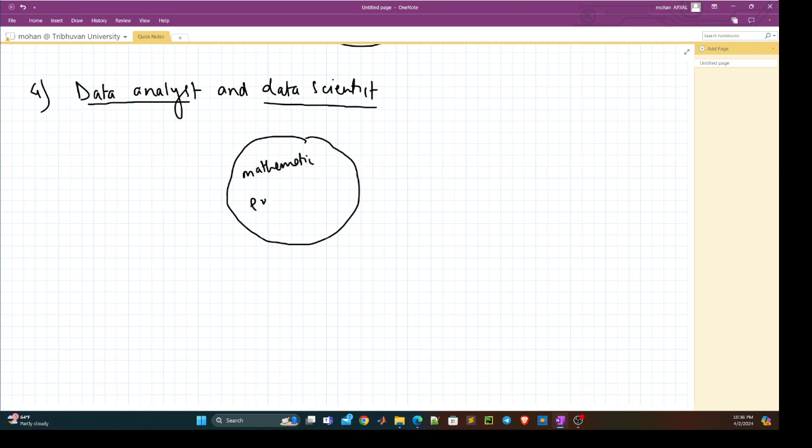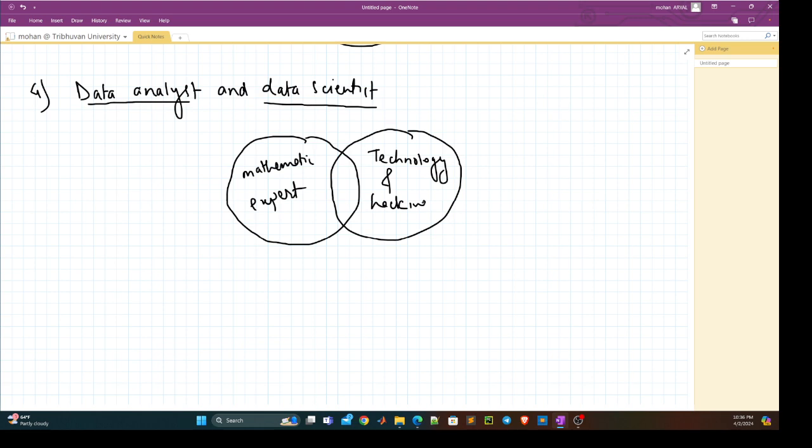You need to be a mathematic expert, and you need to know about technology and hacking skill. Hacking skill does not mean negative, but it means how you need to understand how it generally works or performs, what is the mechanism behind it.